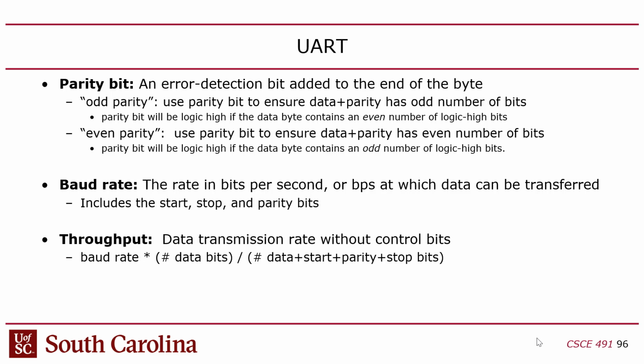But the real rationale is that what you're supposed to do is count the number of 1 bits in the data section of the packet or transaction and the parity section. If it's even parity, then the total number of 1 bits should be even. Meaning that if there was an odd number of 1 bits in the data, you would set the parity to 1 to even it out, right?